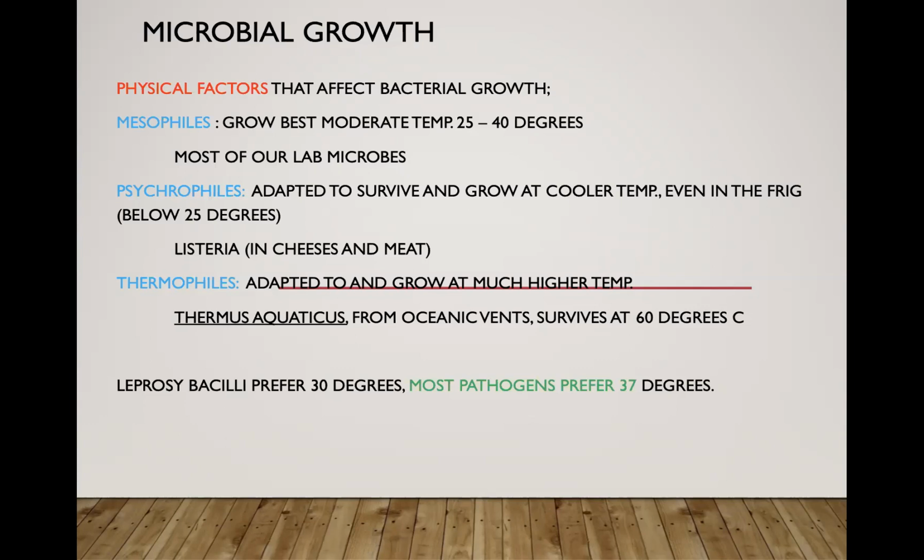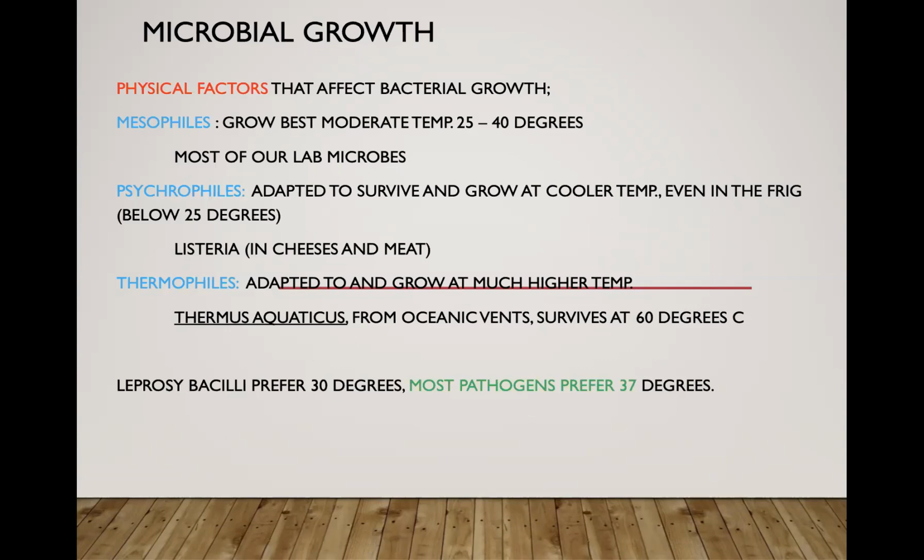Psychrophiles, these are kind of on our extremes now. These are adapted to survive and grow at cool temperatures, in the refrigerator. So we're talking about below 25 degrees C. These are our psychrophiles, cold-loving organisms.